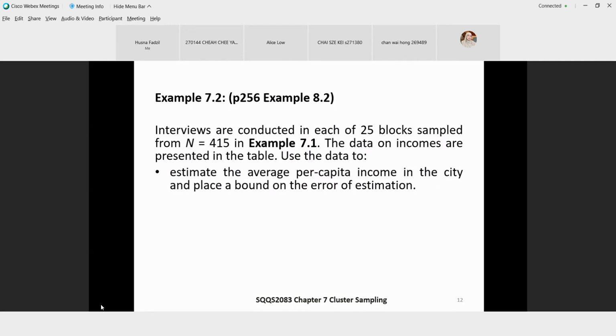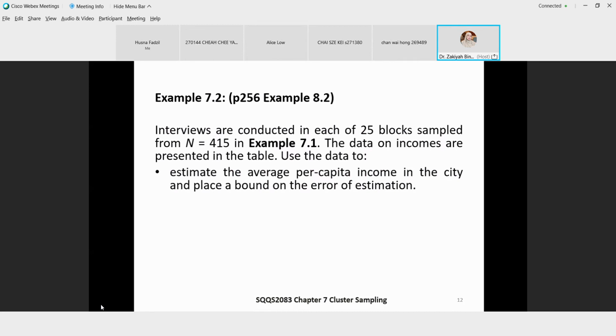The question gives me that. Big N equals 415. But what is this N? What would be the units for this big N? Yes, total number of clusters, or in layman language, 415 blocks.